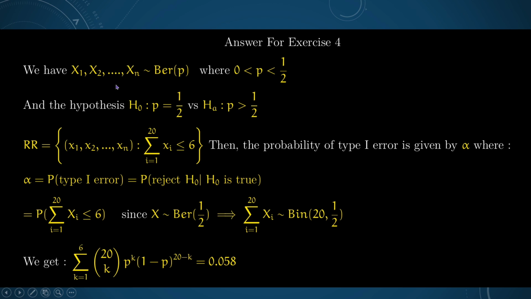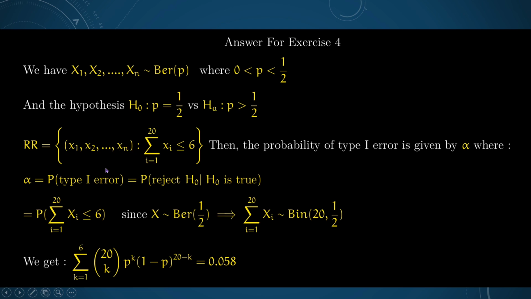The hypothesis H0 is against H_A. H0 is p equal to 1/2, and H_A we denote by p bigger than 1/2. Then we have the n components h1, h2, up to hn.